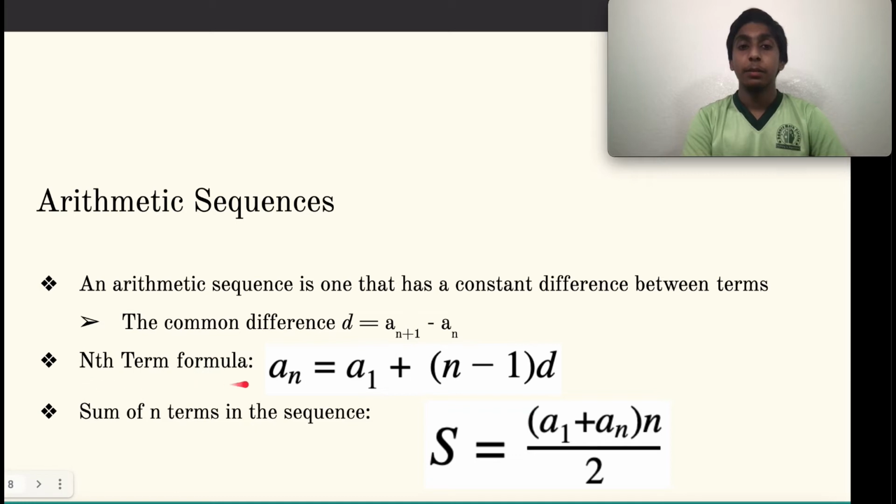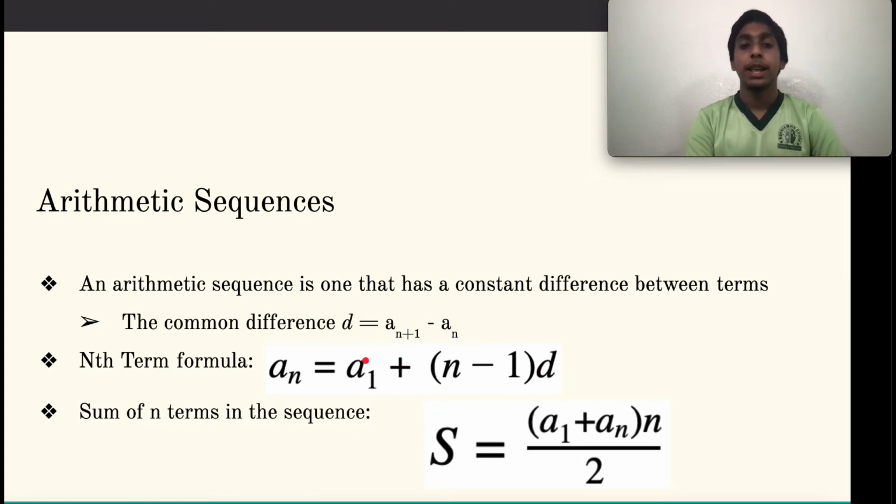Now the nth term formula is how I'm going to find the 10th term of that sequence, or the 11th term of that sequence. So here a of n is going to be my nth term. So instead of n, I would substitute whichever term I want. If I wanted the 11th term, I'd use 11 here, a subscript 11. So it's going to be equal to a subscript 1, so my first term, plus n minus 1 times d.